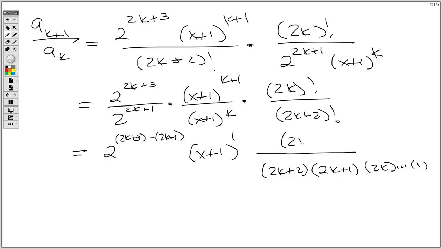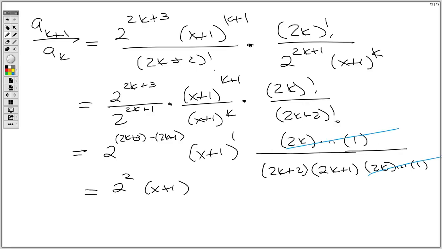And in the numerator, 2k factorial is 2k times all the numbers before it down to 1. And so we can simplify this. 2k plus 3 minus 2k plus 1 leaves us with a 2 squared, x plus 1.